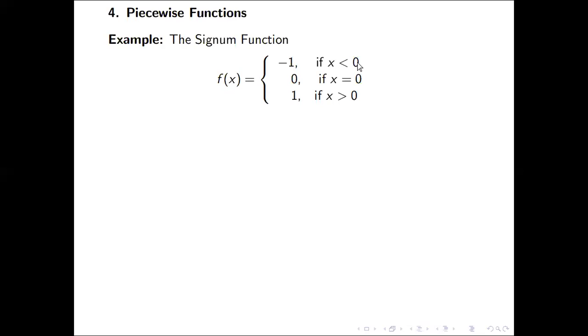So no matter what the value of x is, as long as it's negative, its y value or the value of f is always -1. Now, if x is exactly 0, the value of the signum function is 0. If x is positive, the value of the signum function is 1.